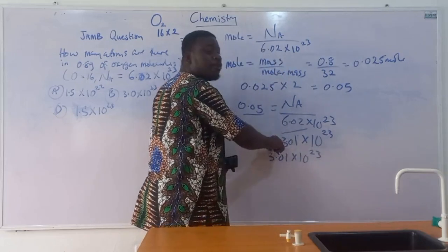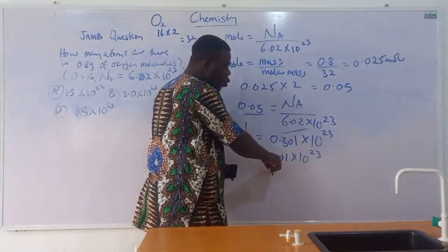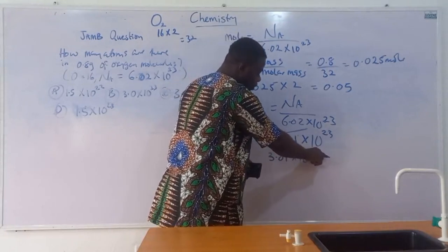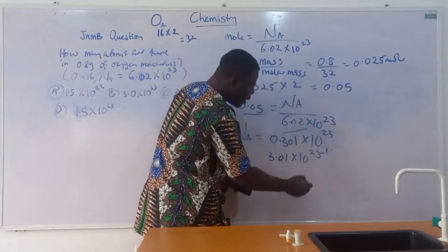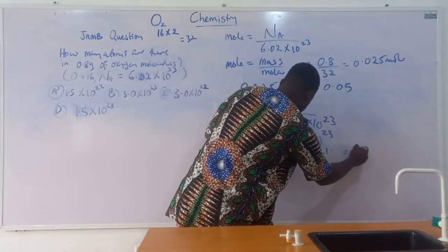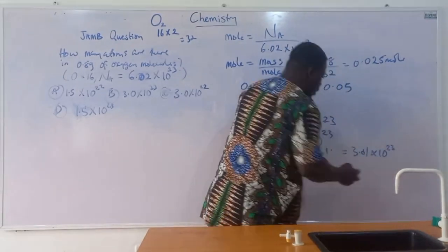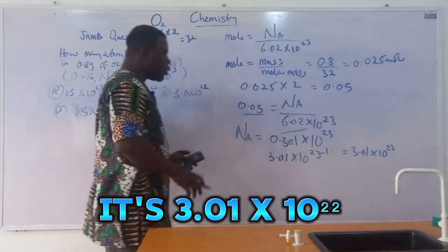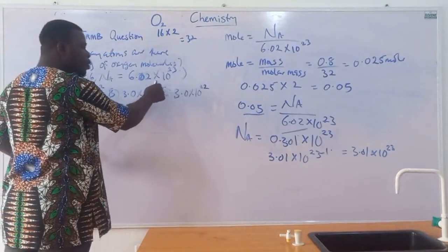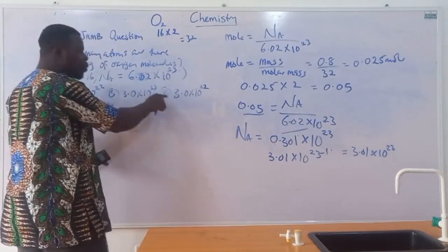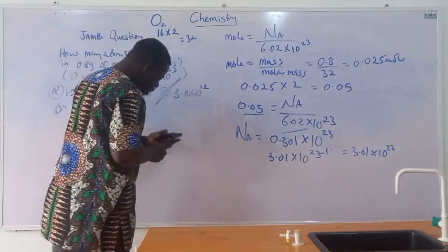Now, because we are moving the point backward here, we have to subtract 1 from the power. So if we subtract 1, this will now become 3.01 times 10 raised to the power 22. So if you look at the options, we have 1.5, 3.0 raised to the power 23, 3.0 raised to the power 22. So this is the answer.